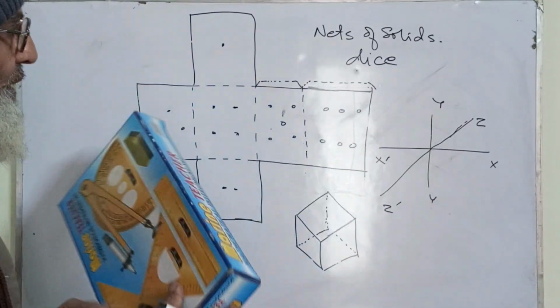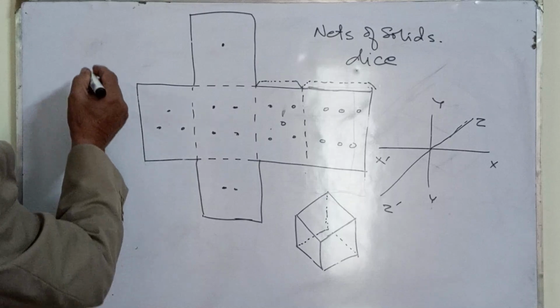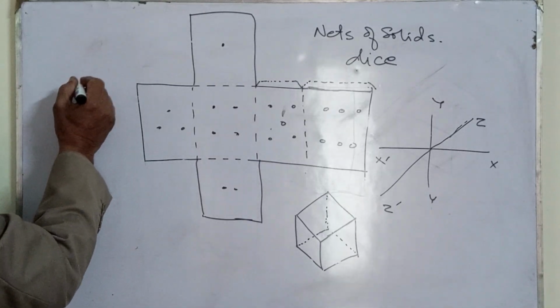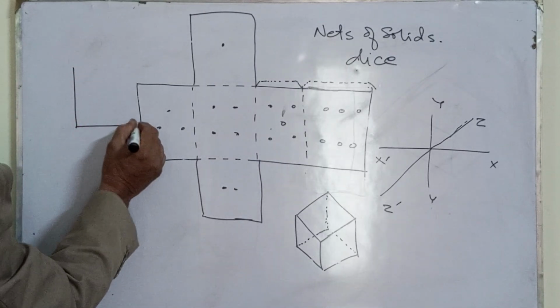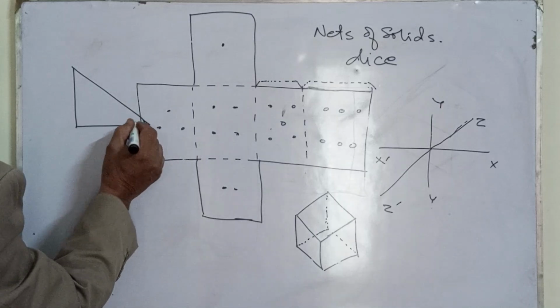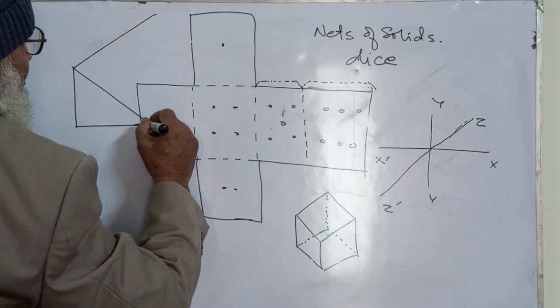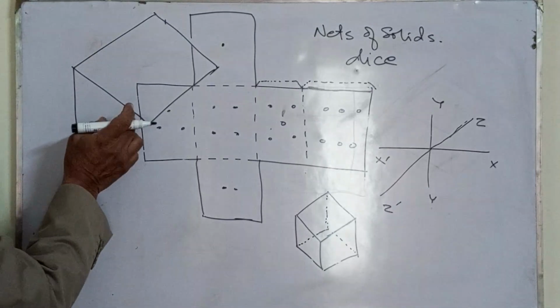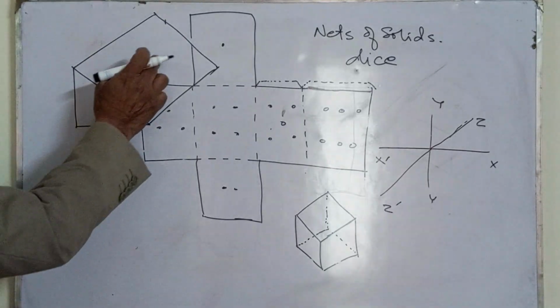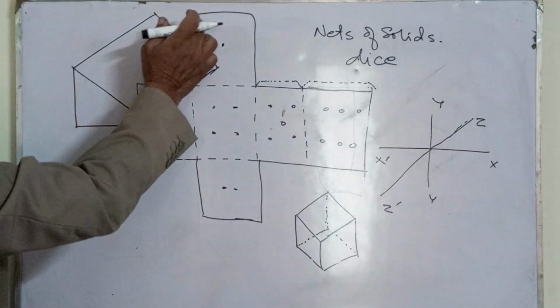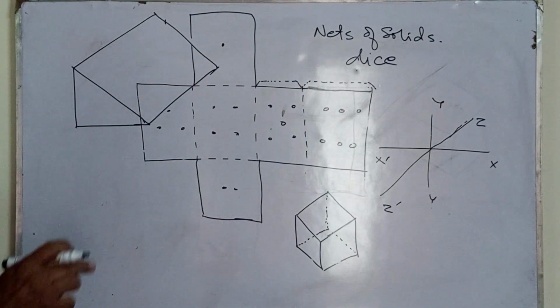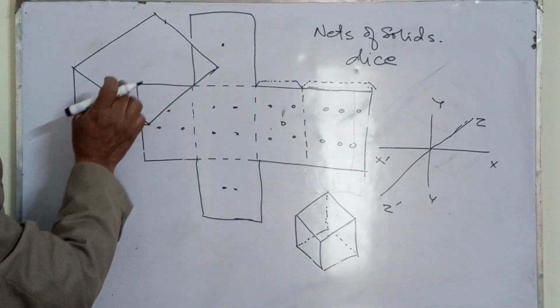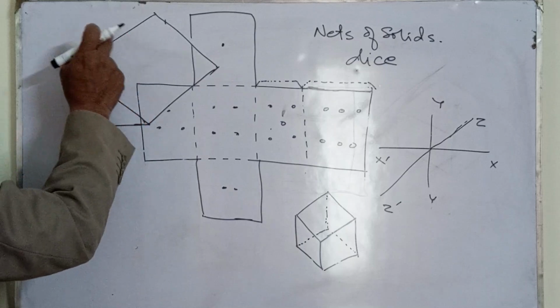This is a cuboid. And we will be learning prisms also. This is a right angled prism like this. You see, this is a prism. Now this prism has 5 faces.